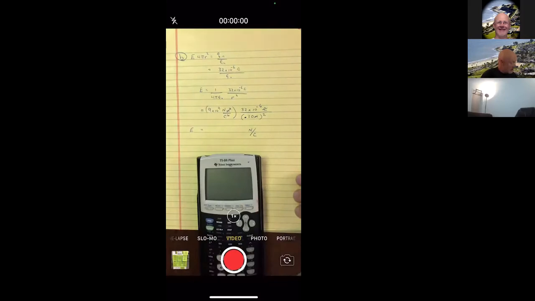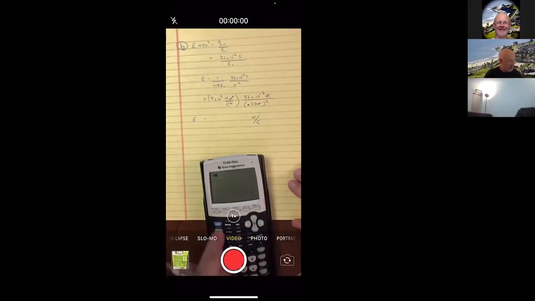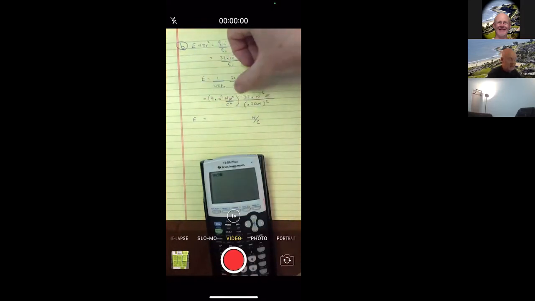And so now grabbing a calculator, I can go 9 times 10 to the 9th times 32 times 10 to the minus 6 divided by 0.2 squared, which is 0.04.